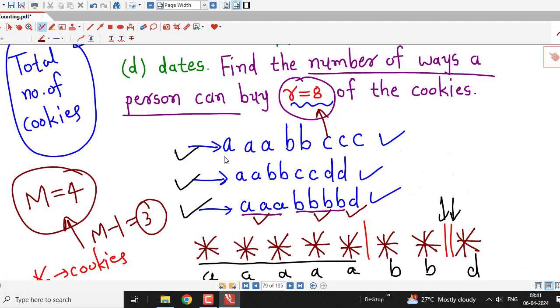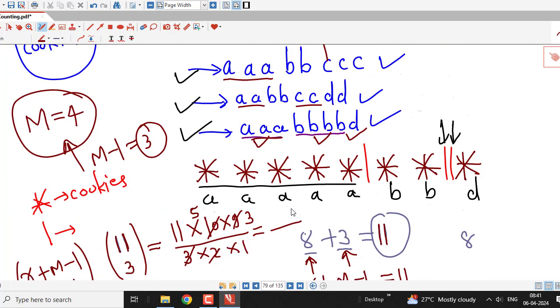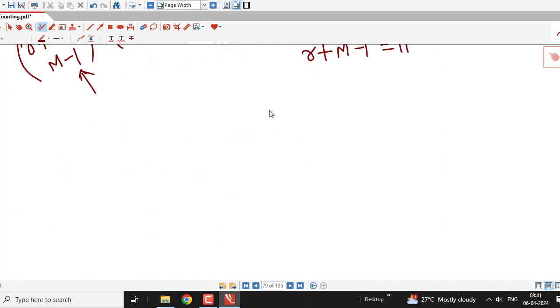here we can see that we are allowing repetition of objects. So we can generalize this to any problem of combination with repetitions. Suppose we are interested in the selection of r objects and they are of capital M types.